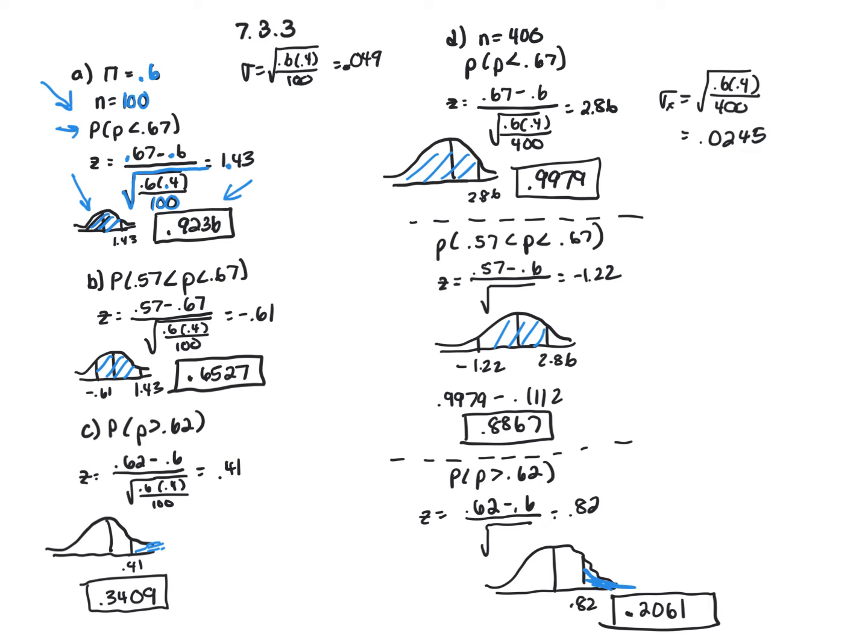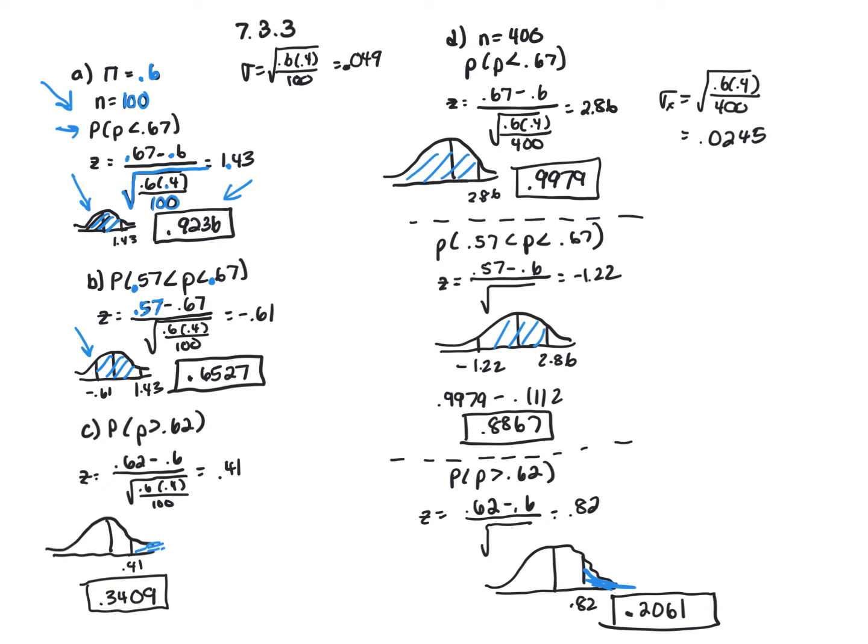Part B, you're trying to find the probability that you're in between 0.57 and 0.67. So I had to find a new z for this 0.57. Your denominator never changes. I got a z of negative 0.61. Here's my picture. I used my chart, and I got 0.6527.